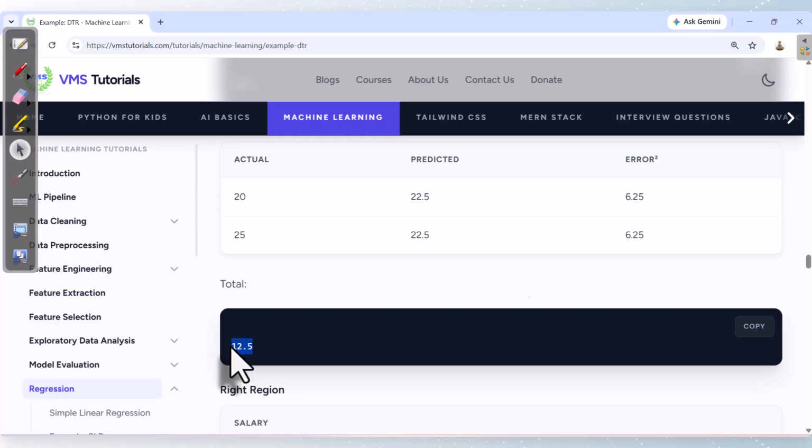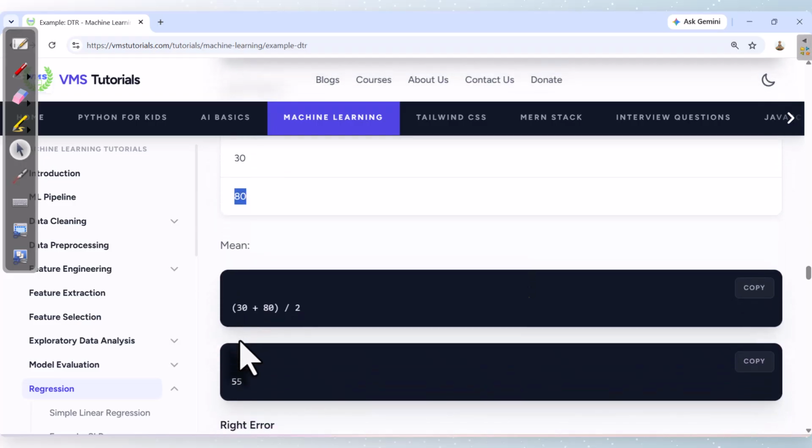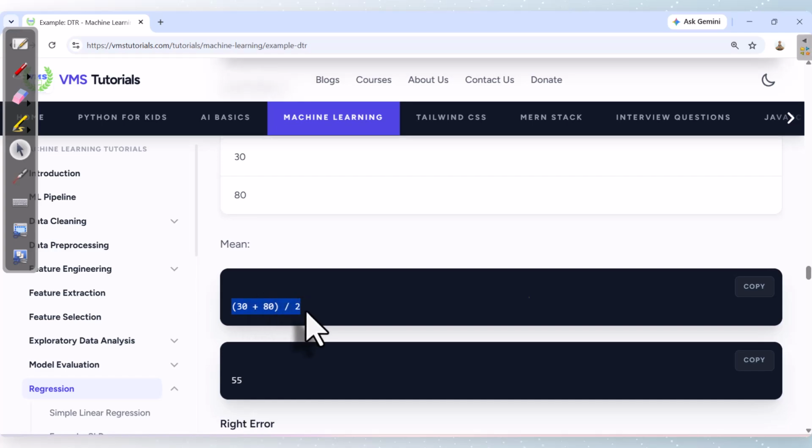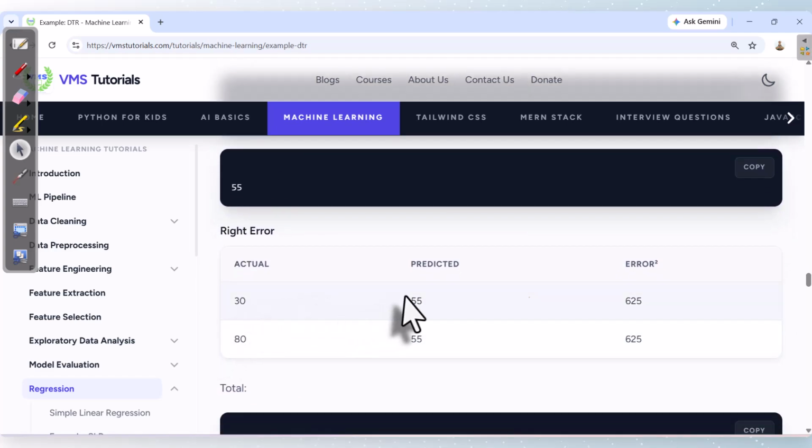This is for only the left region, and similarly you have to calculate for the right region. So in the right region we have two samples, 30 and 80. What is the average? 30 plus 80 by 2, that is 55. What is the right error? 30 minus 55 whole square, that is 625. 80 minus 55 whole square, that is 625, error square.